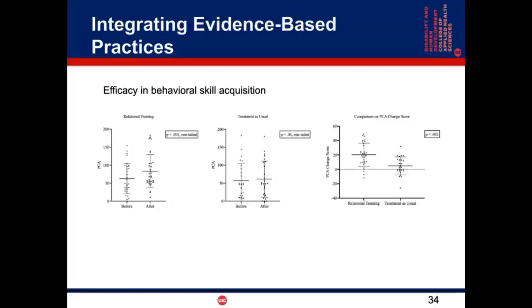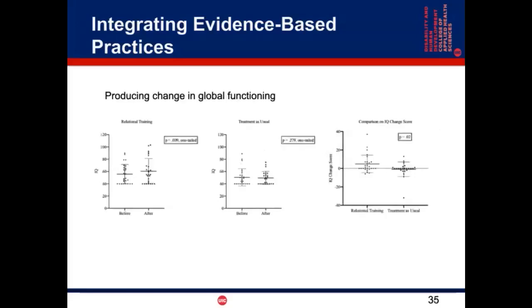However, next slide. What's even more important is when we look at things like global functioning. And so here we have IQ change scores on relational training. We see a rise in IQ points.